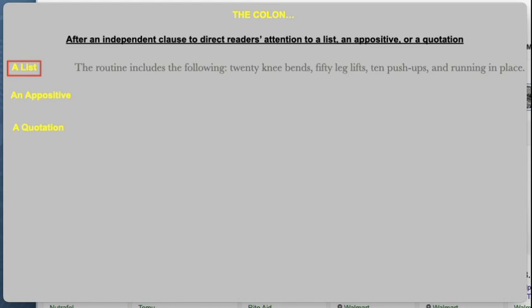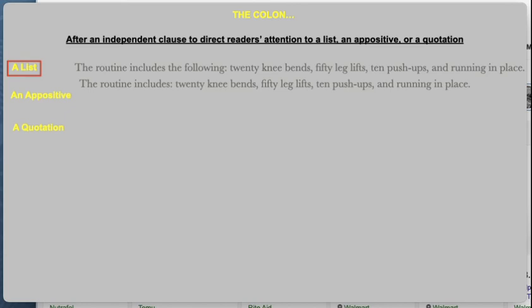For example, without the word following here would be the misuse of the colon. What's the difference between these two sentences? Let me read the second one. The routine includes, colon, 20 knee bends, 50 leg lifts, 10 push-ups, and running in place. Well, the difference is that the words the routine includes are not an independent clause.